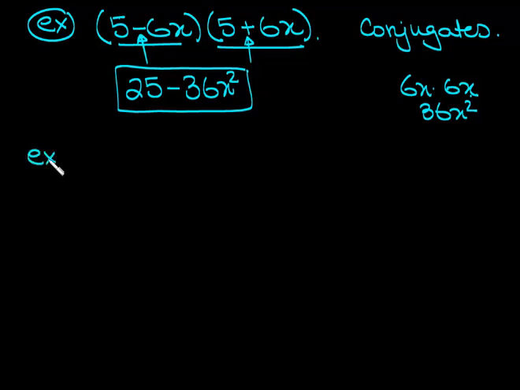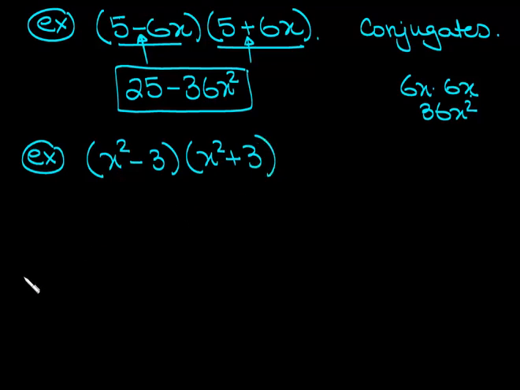Here's another example of that. Let's say you have x squared minus 3 and you have x squared plus 3. Again, I have two polynomials I'm multiplying. They're exactly identical. So the only thing that's different about them is the sign in the middle.